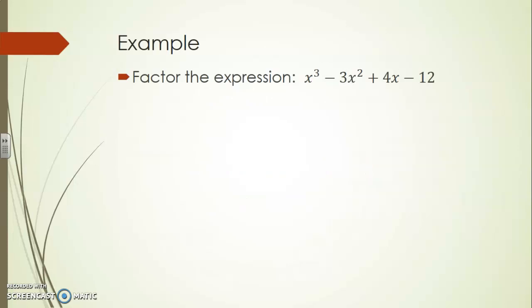So let's factor the expression x cubed minus 3x squared plus 4x minus 12. Here there are 4 terms, so that could be a sign that grouping may work. Okay, so our first strategy is to look for common elements in each pair. The first pair of terms have x squared in common. The last pair of terms have 4 in common, which we'll factor.